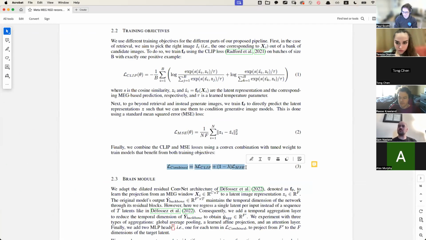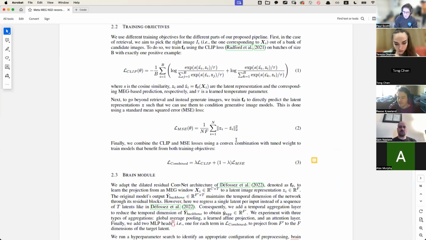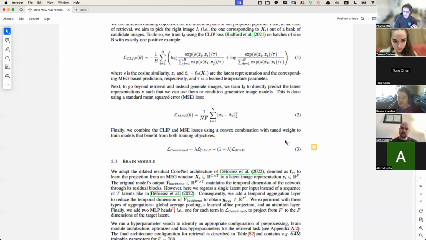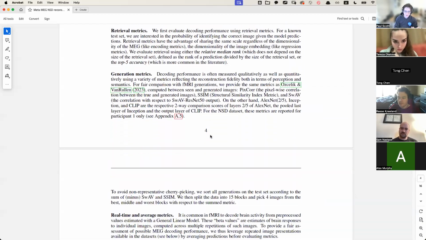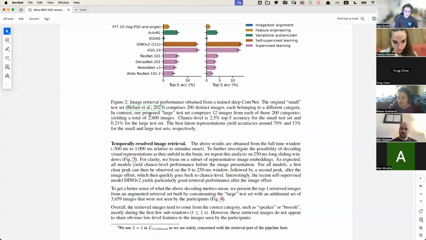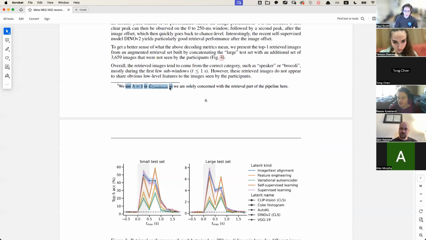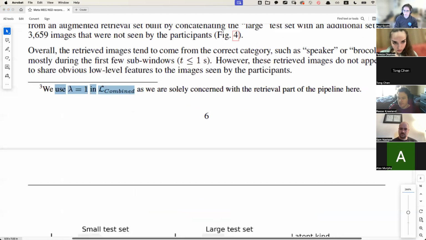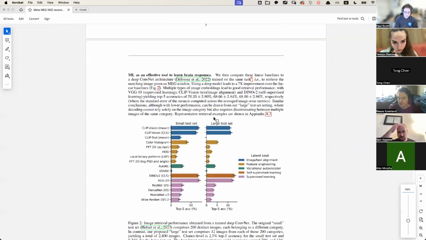And so I was wondering how they surmount this for doing this combined loss. And I believe that actually what they're doing is that they're training the model separately. Lambda is set to 1 or 0, depending on whether they are doing the retrieval or reconstruction. So they have a footnote saying that they set lambda to 1 for only doing the retrieval part.